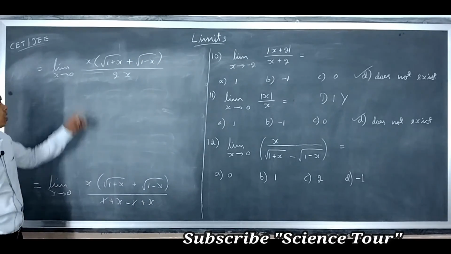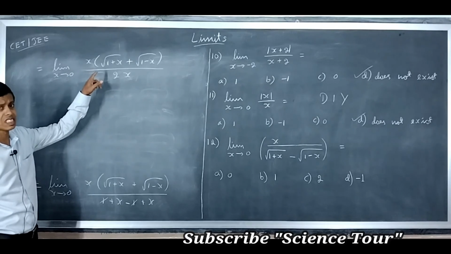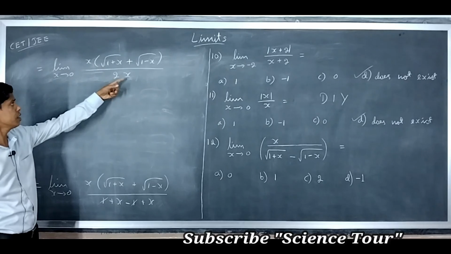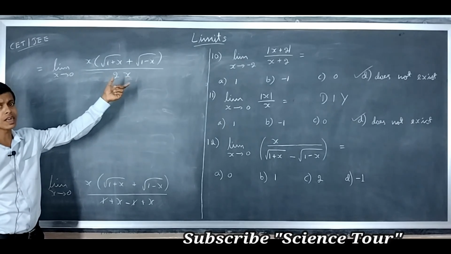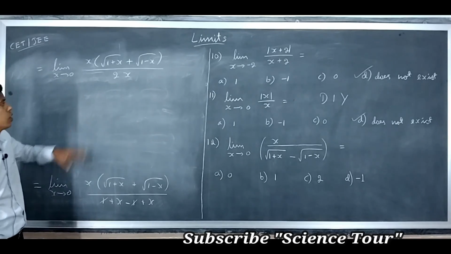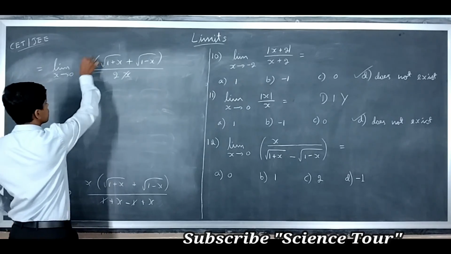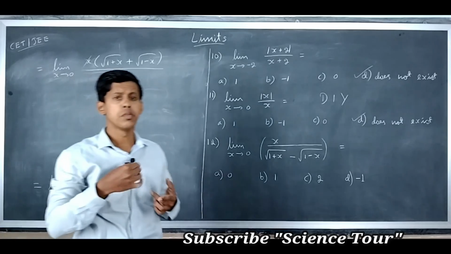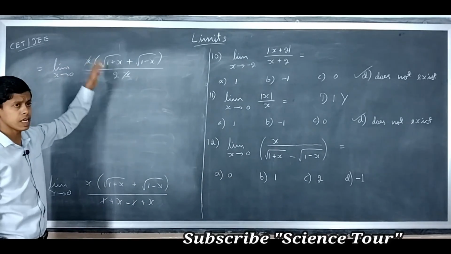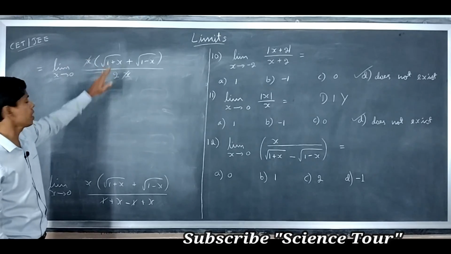Now when you apply the limit, if you apply limit at this stage, what will happen here? This will be 0 and 0 in the denominator as well. You will get 0 by 0. So don't apply the limit just now. You have to get rid of the term which is making it 0. So what is making it 0? The term x. So get rid of that and then apply the limit.